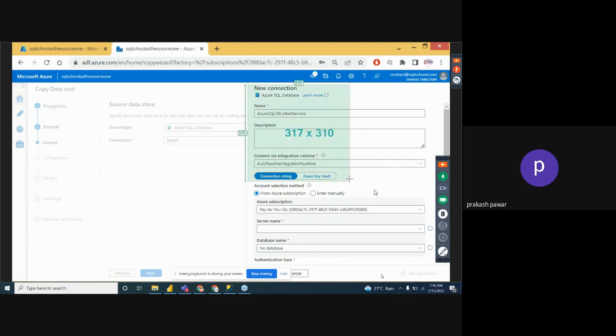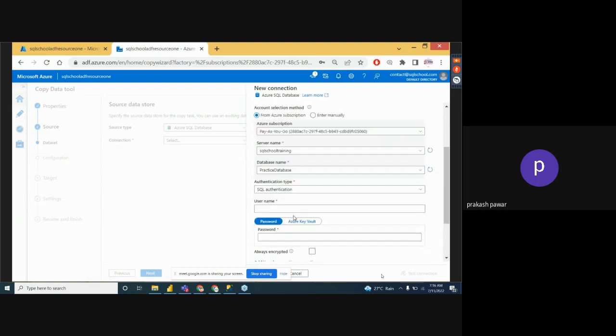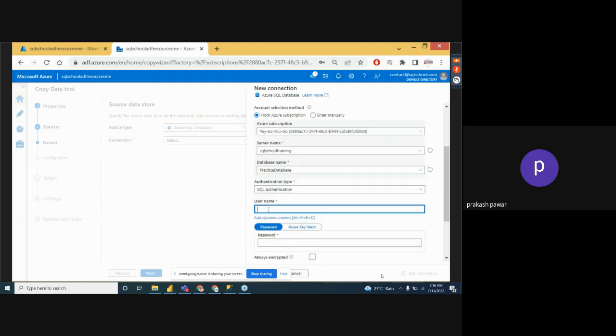In your case, it will be a free subscription. And server name. Provide whatever server name you see in the drop down. And the database name. Specify the server name, database name. Give username.